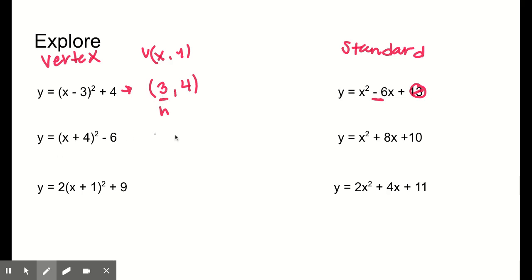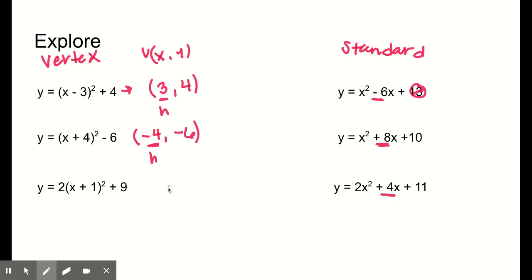Let's take a look at the second one and see if that same relationship exists. For the vertex of this function, it's -4, -6. Again, that h value is -4, and that b value from standard form is also twice its value, but again, the opposite. Let's take a look here.